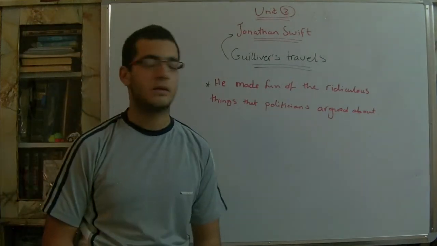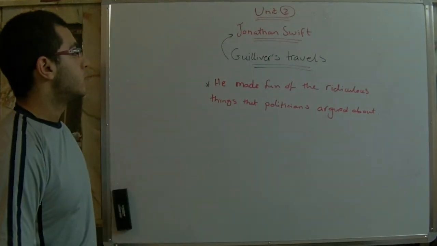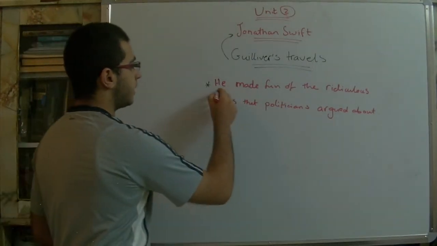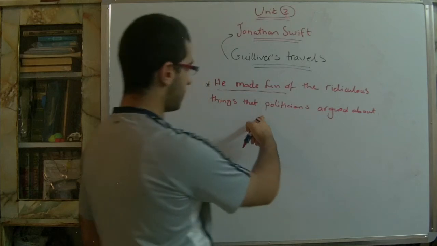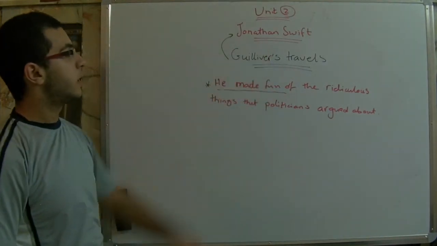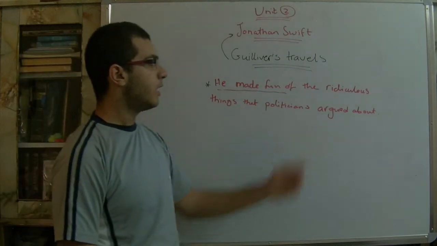They were only 15 centimeters high, so their small minds were to make fun of the ridiculous things that the politicians in the era where Jonathan Swift lived argued about.